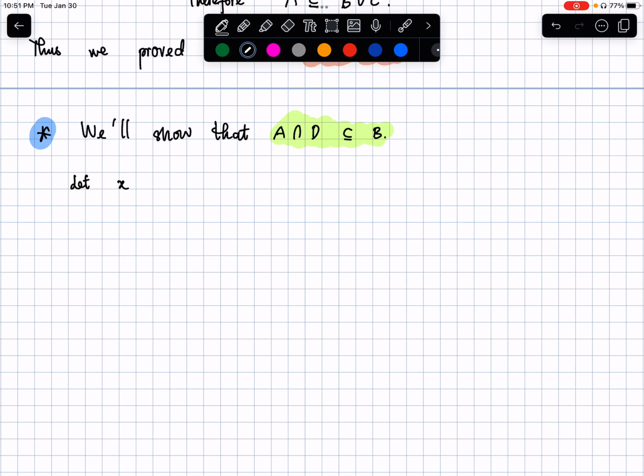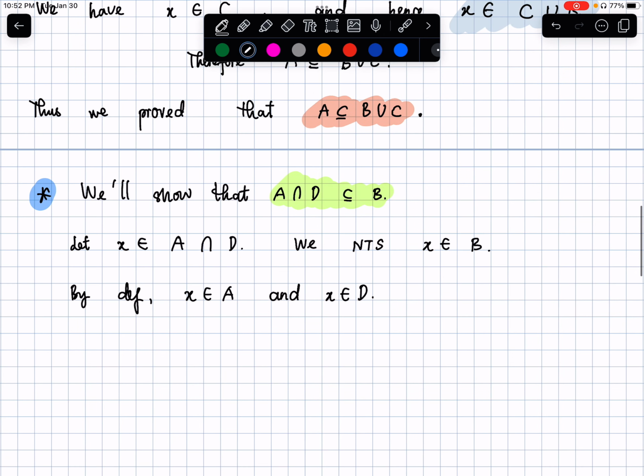Let X be an element of A intersect D. We need to show X is an element of B. So X is in A intersect D. By definition, X is in A and X is in D. Okay, what can we use now?